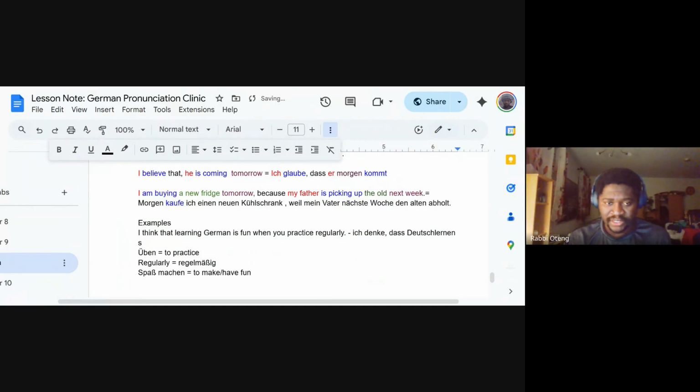So, the direct object is Spaß. Spaß is now der Spaß. Spaß macht.